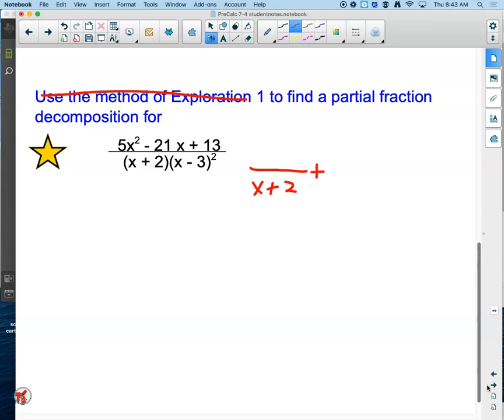Oh, good, you got them all. Are any of those irreducible quadratics? Nope. So constants.